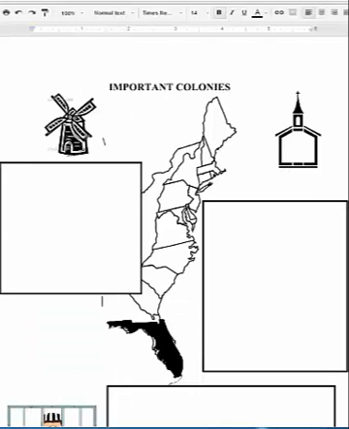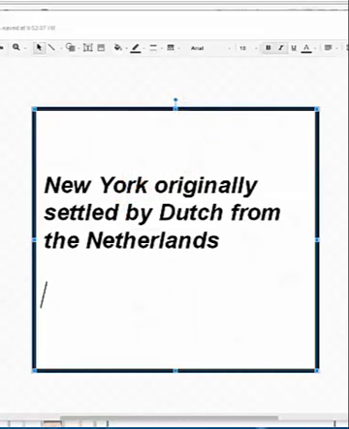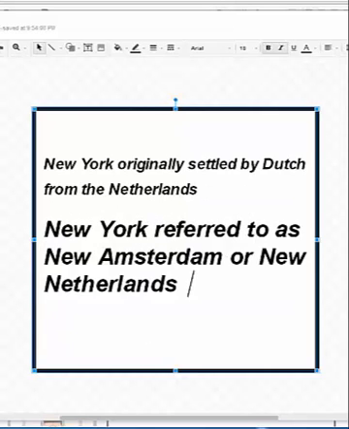Okay, the first important colony that we're going to discuss today, which we have already discussed in the past, is New York. New York originally was settled by the Dutch from the Netherlands. The Netherlands is located in Europe. New York is referred to as New Amsterdam or New Netherlands.